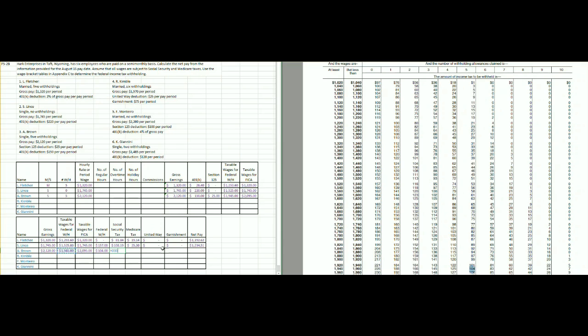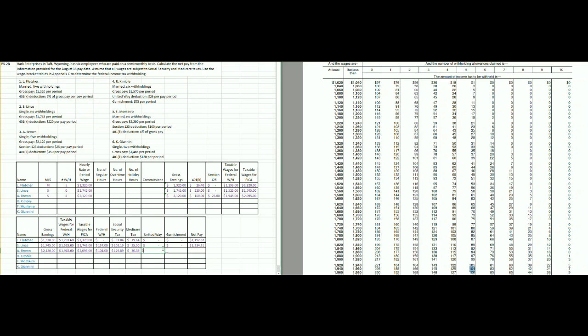Social Security calculation has not changed. It is our taxable for FICA times 0.062, and our calculation for Medicare has not changed. It's taxable for FICA times 0.0145.